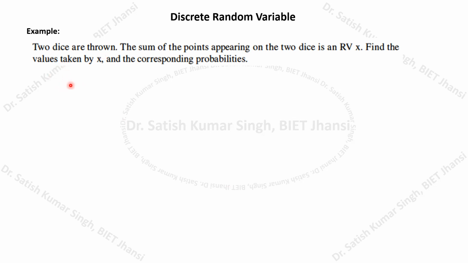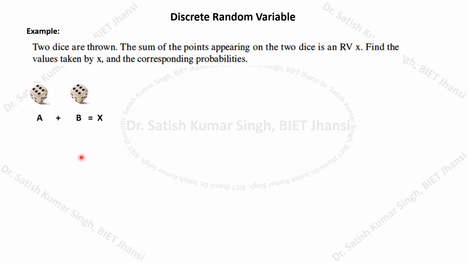The sum of the points appearing on the two dice is a random variable X. Find the values taken by X and the corresponding probabilities. What does the question mean? First of all, we have two dice.